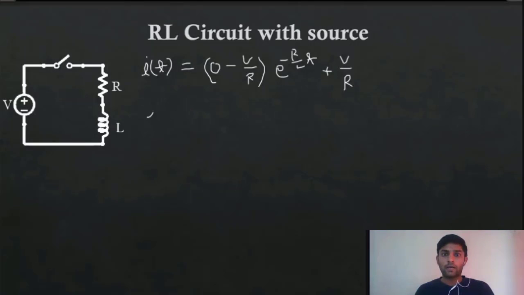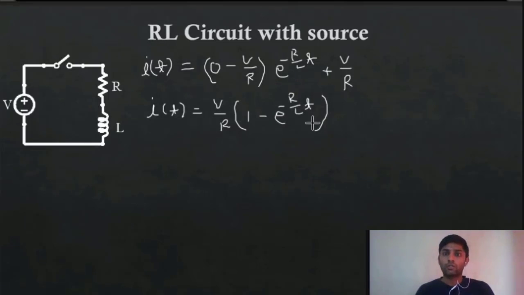You will get I(t) is equal to, if you take V by R common from this equation, V by R times 1 minus e raised to minus R by L times t.